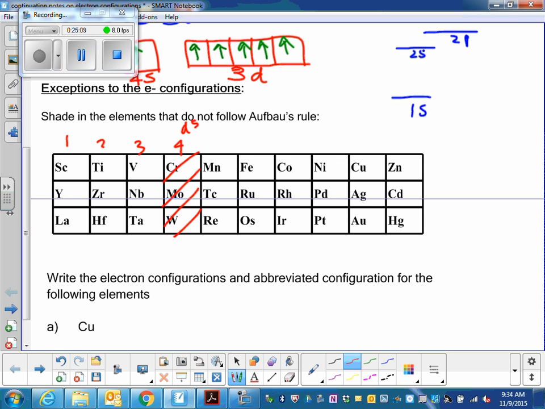Is that right? Do we understand that? Because they will pull one from the S. Similarly, the ninth, copper, silver, and gold will be D10 and not D9. Do you understand? If you're tested on those elements, make sure you're writing out the correct electron configuration for those elements. All right?